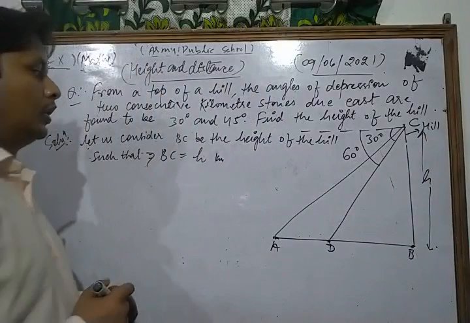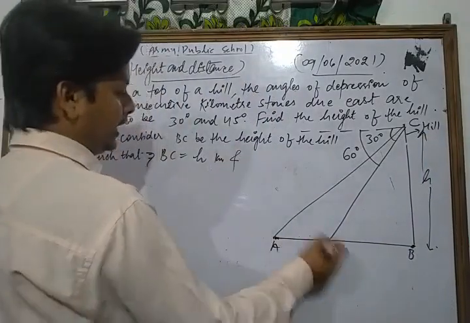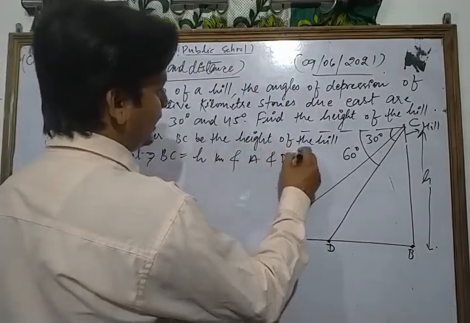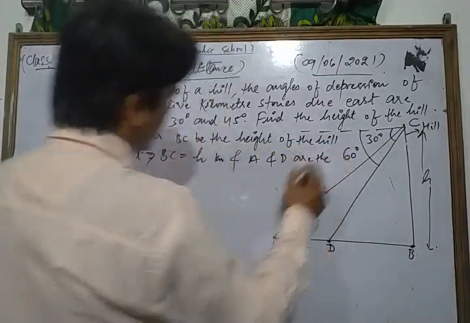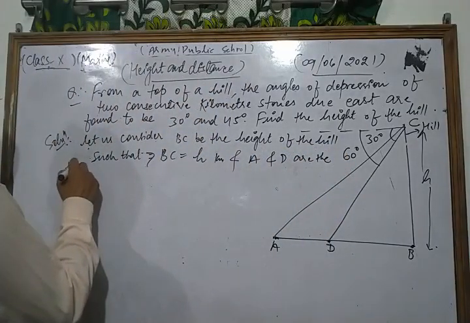Now A and D are the positions of the two kilometer stones.